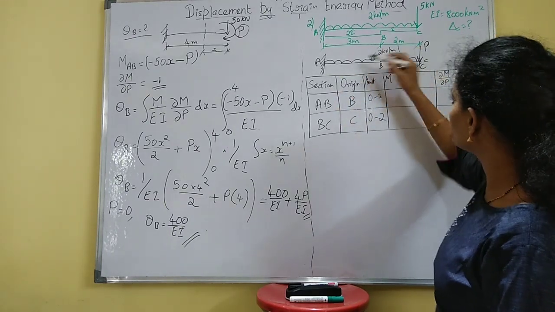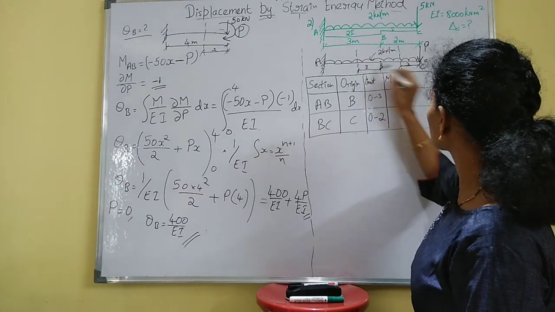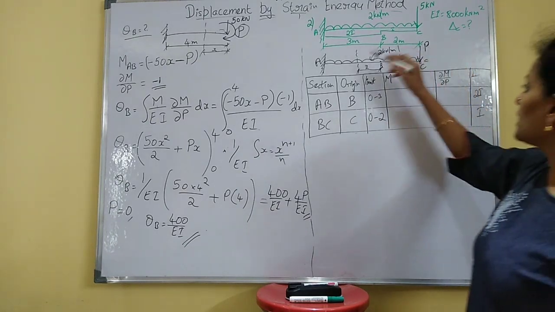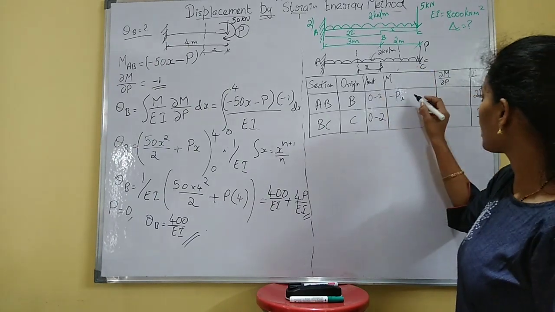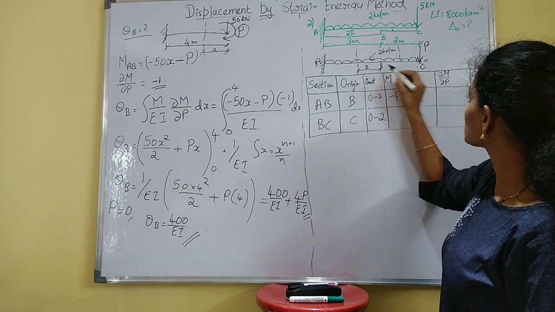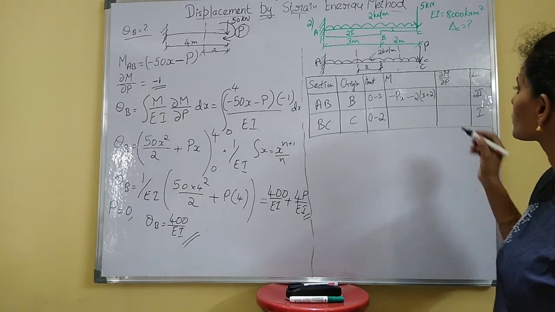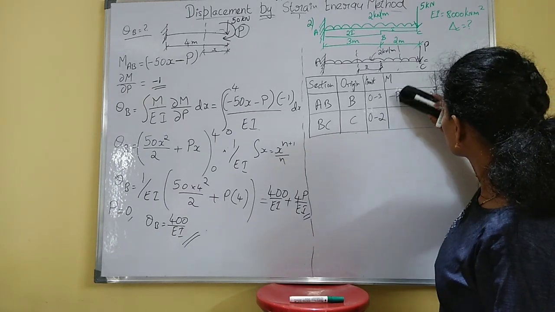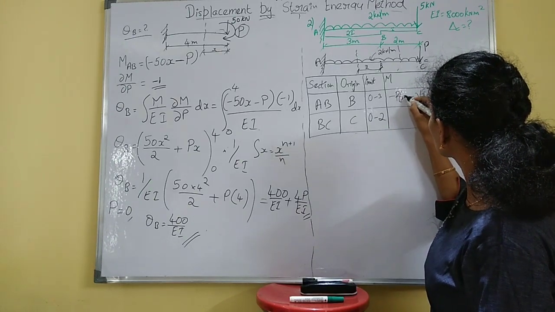The section will be somewhere here, and for this section, this distance is nothing but X. So P into X, that is minus P into X, and here you have the UDL, that is minus 2 into X plus 2 whole square by 2, and this also P into X plus 2.